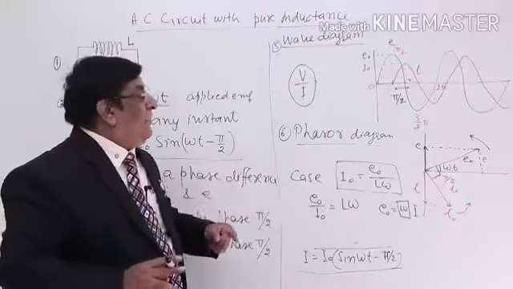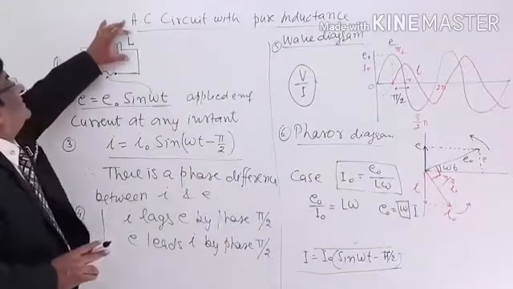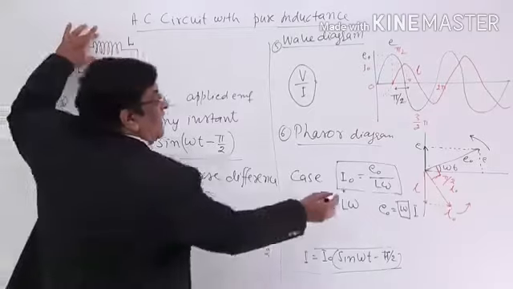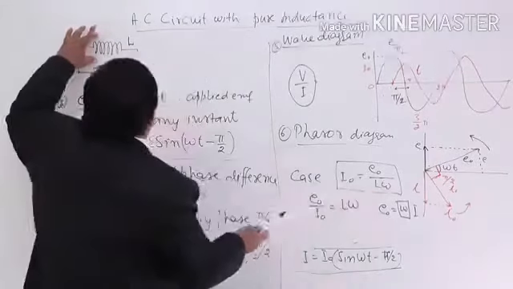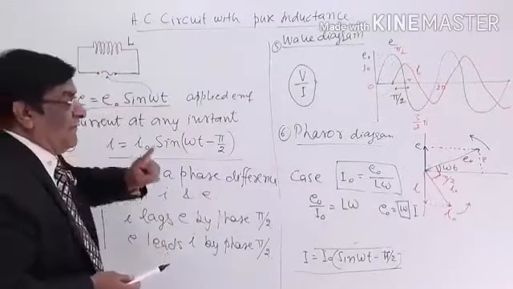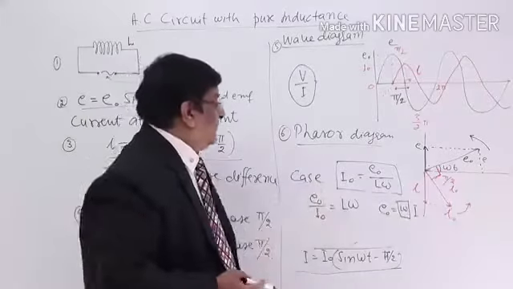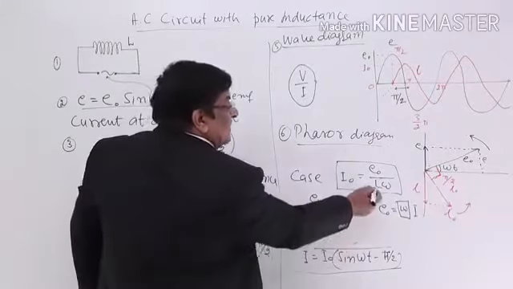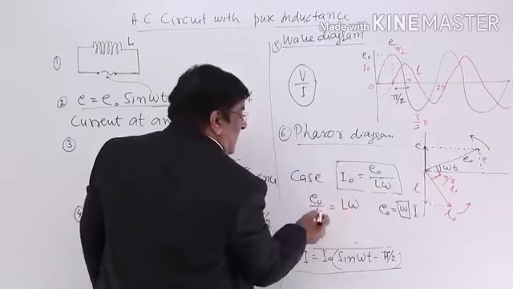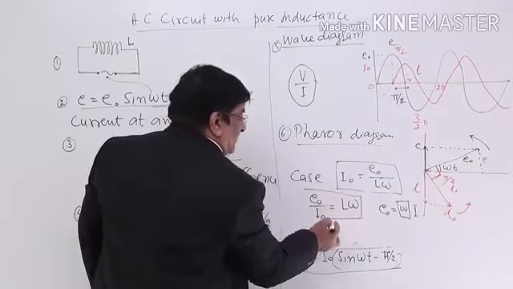Now, for the same inductor, there is one value of L, but the inductor does not oppose the same way every time. What is the opposition? L omega is the opposition, and this is the formula for opposition.